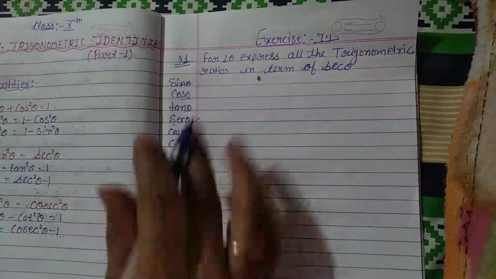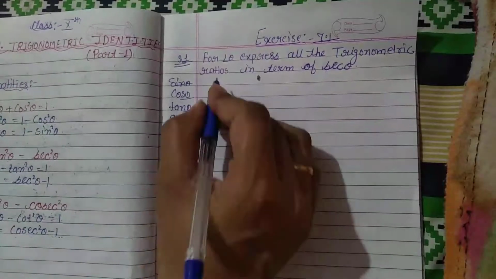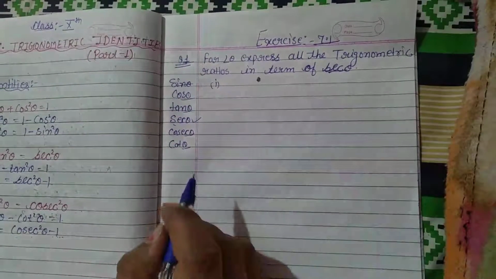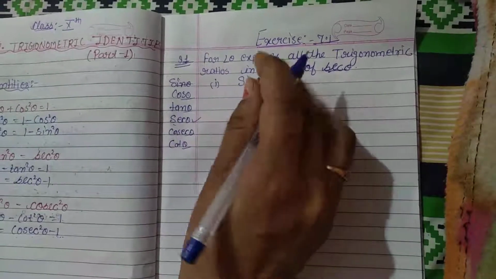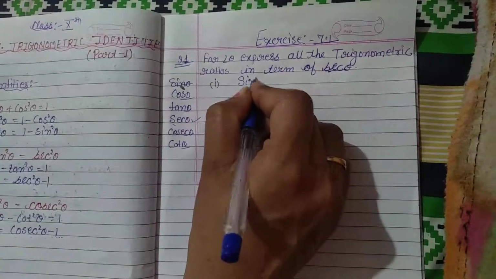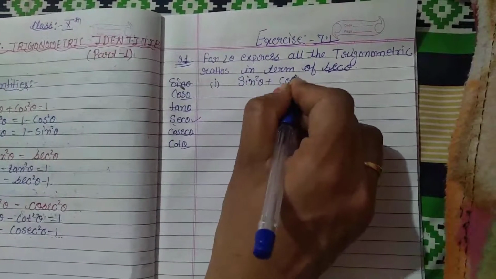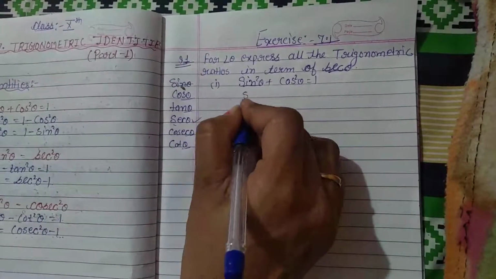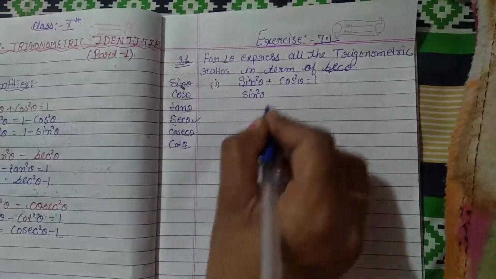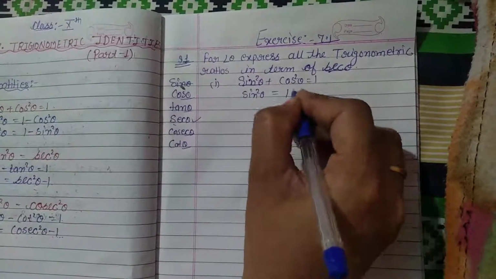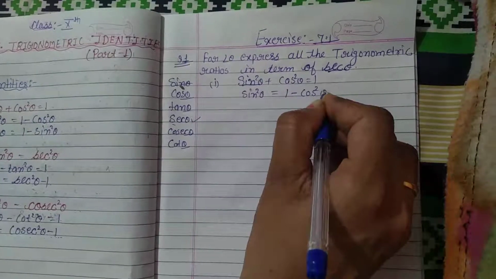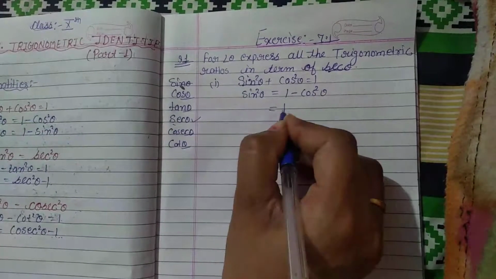We have to convert. Okay, so first we will show sin theta in terms of sec theta. First identity, we know that sin square theta plus cos square theta equals 1. Because we have to find sin theta, sin square theta will be on the left side and cos square theta will go to the right side, so it will become negative.